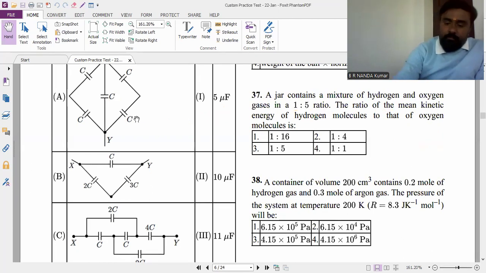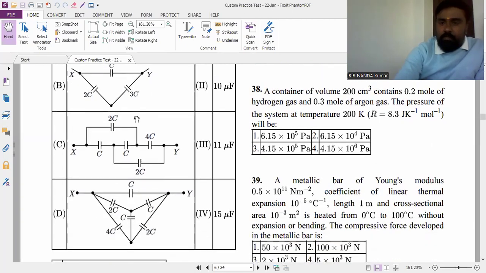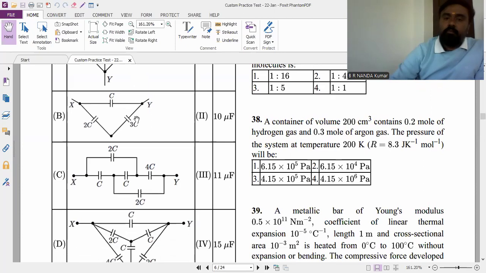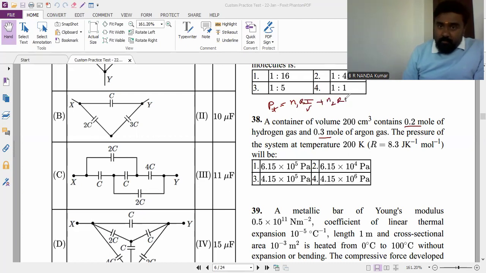Next, question number 38. A container of volume 200 centimeter cube contains 0.2 mole of hydrogen gas and 0.3 mole of argon. The pressure of the system. So again, Dalton's law of partial pressure. Total pressure is P1 plus P2. P1 is N1 RT by V, and P2 is N2 RT by V. So P is N1 plus N2 into RT by V. N1 plus N2 is 0.2 plus 0.3, which is 0.5, so half.